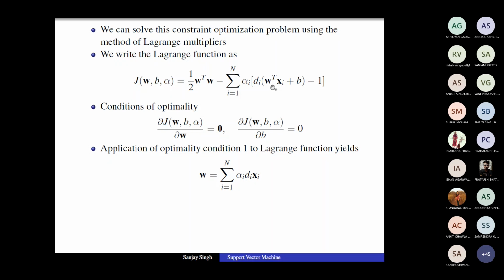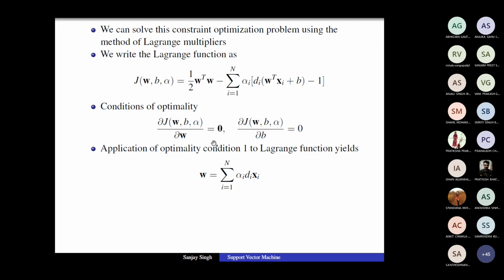Remember that we are differentiating with respect to W, so we will get only this alpha i d_i x_i, and the rest will be 0. When we equate everything to 0, we get something like this: W equals the sum over i of alpha_i d_i x_i.